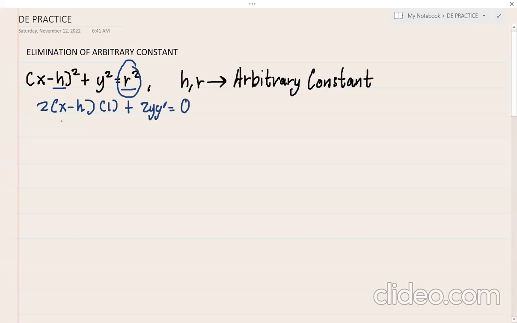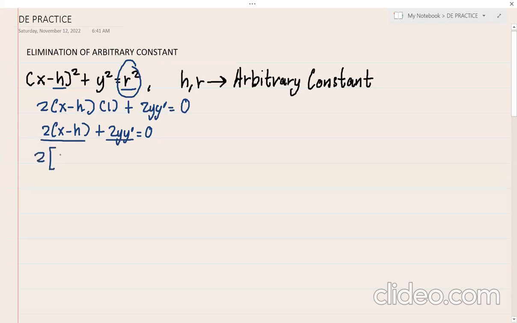So let's simplify further. So ito magiging 2 times quantity x minus h plus 2y y prime. Okay, ayan. Pwede pa natin itong i-simplify. Itong first derivative na to, we can still simplify this one. Itong first term at saka si second term, both of them are divisible by 2.